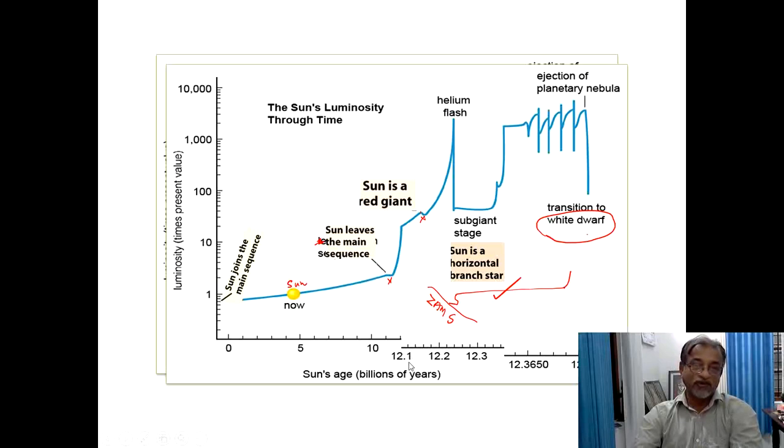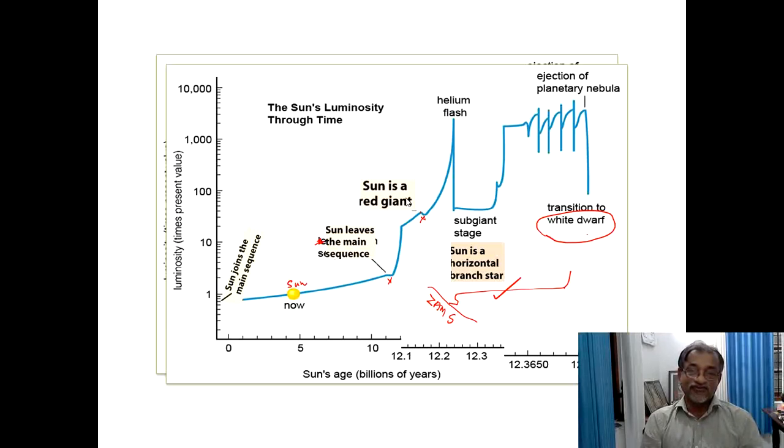But after 12.1 billion years, the sun will leave the main sequence stage, and its luminosity suddenly increases. Then after 12.2 billion years, the sun becomes a red giant.